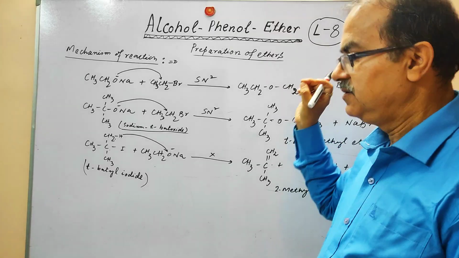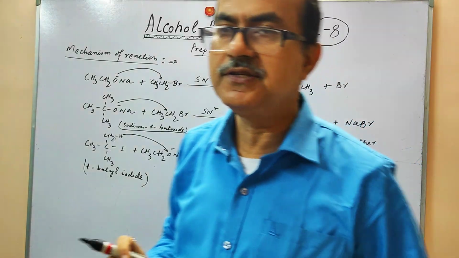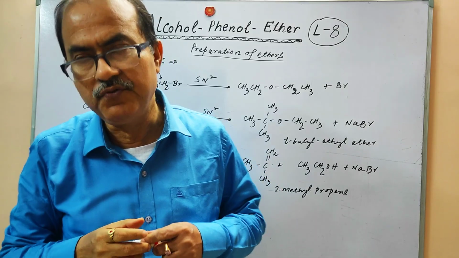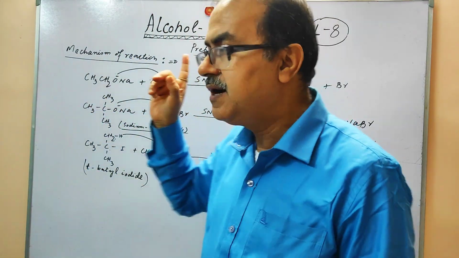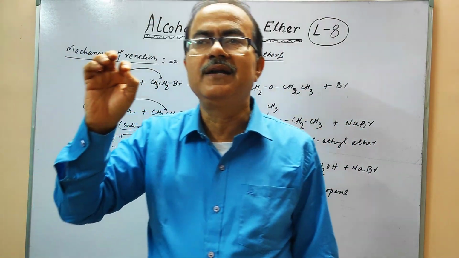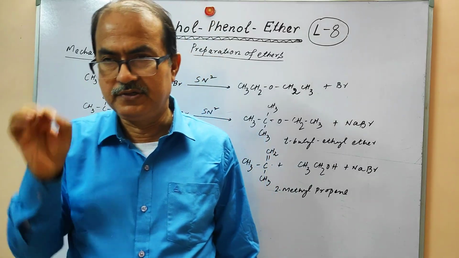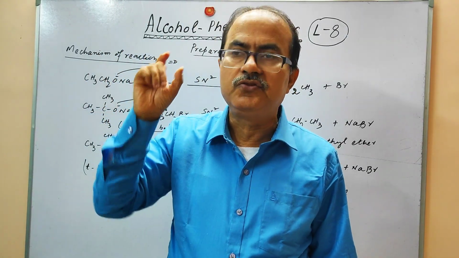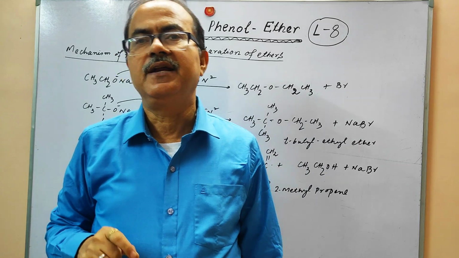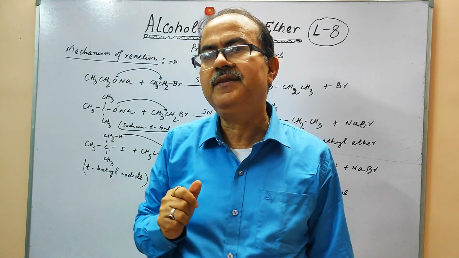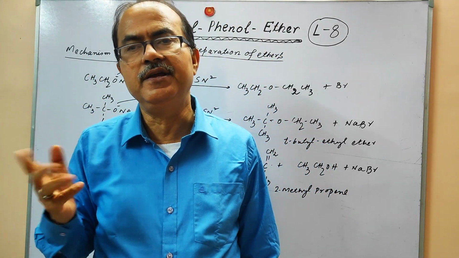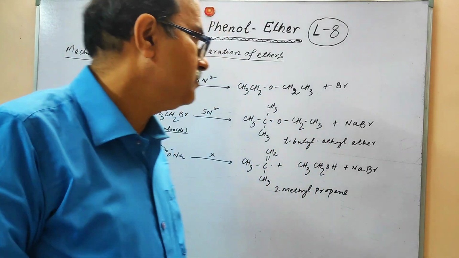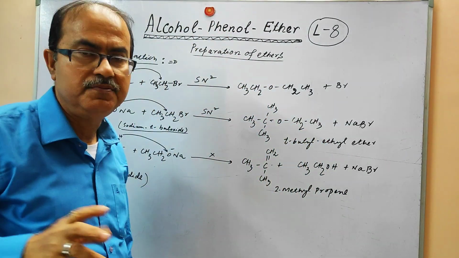So in this Williamson synthesis, we have to always be careful that we choose the alkyl halides that will be primary, not secondary or tertiary, but we can choose the alkoxides, any kind, that is 1 degree, 2 degree, 3 degree, it is possible, and in this way we can produce this unsymmetric ether or symmetric ether.